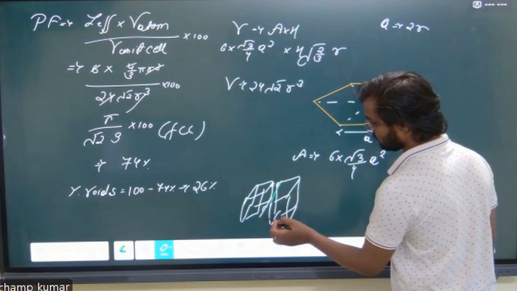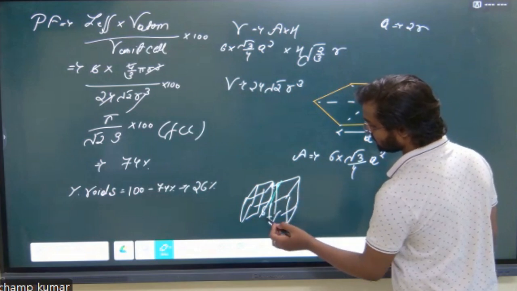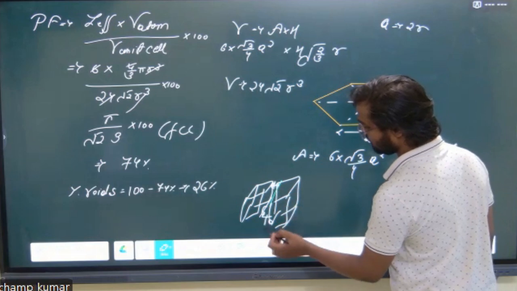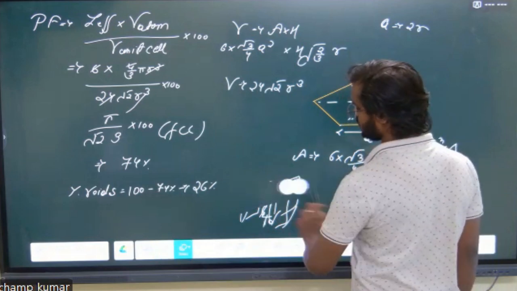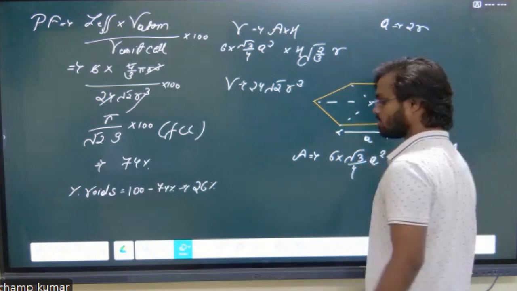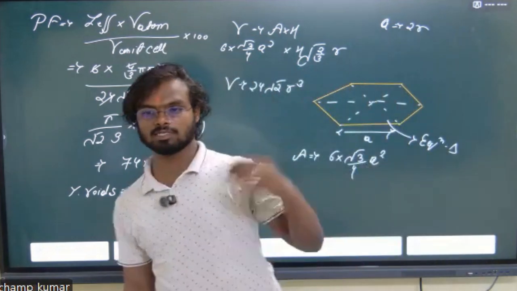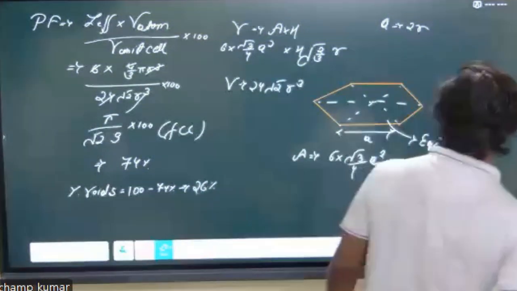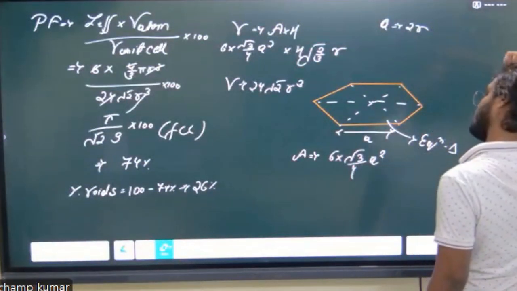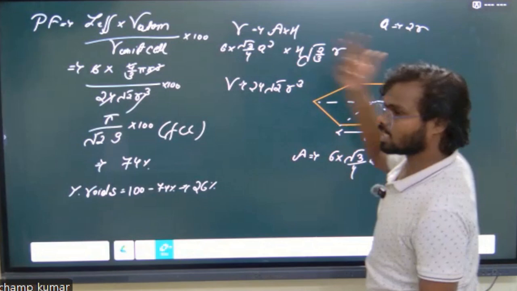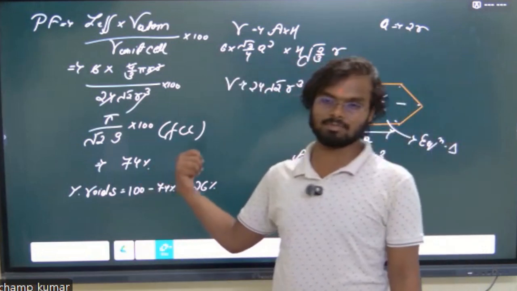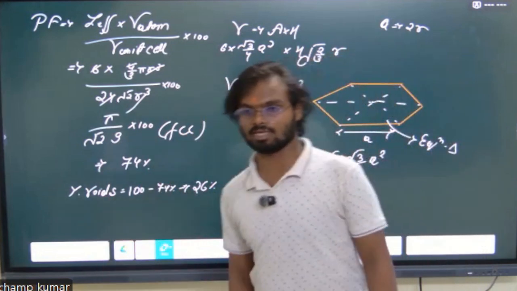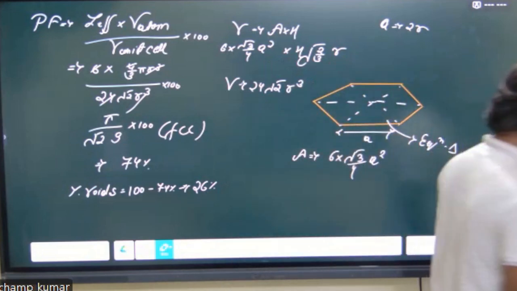Suppose you are attaching cubes, so there are the atoms. When you touch the atoms, there will be some gaps left, they will not touch each other properly. There will be some small gaps, that we will discuss in defects. What are the defects in the solid? There will be some gap, but to prevent that gap, we are using the HCP lattice. This is called the HCP lattice, hexagonal close pack lattice, where we are using HCP unit cells.